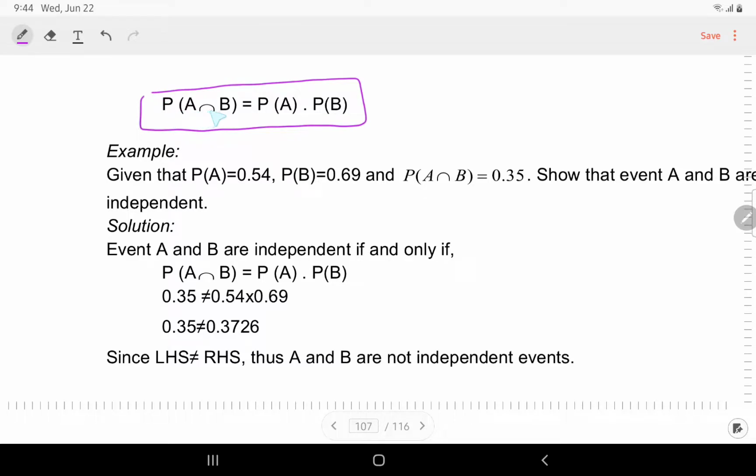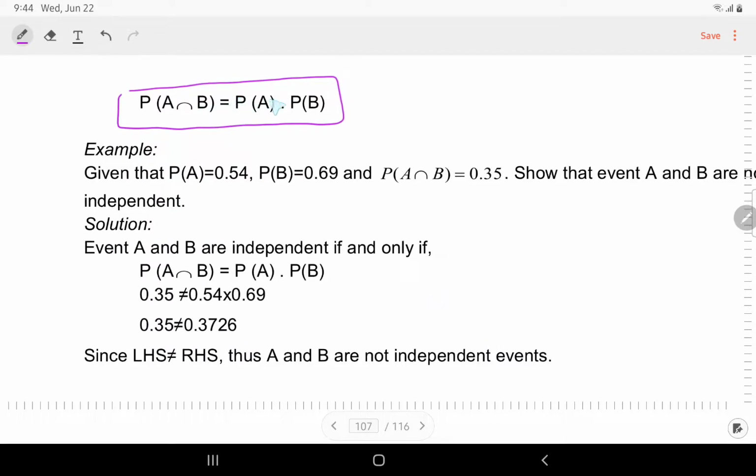Probability of A intersect B equals probability A multiply probability B. So kalau dia satisfy this formula, so we can say that event A and event B are independent. Okay, kalau dia not satisfy this formula, so kita kata event A and event B are not independent.